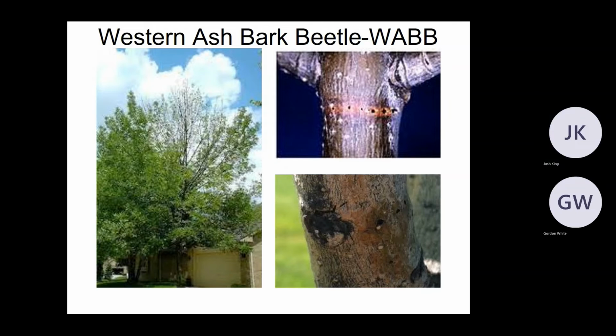And on the timing of the pruning, if you can prune when they're actually feeding in there, similar to the weevil, then we are taking them out of the population. For example, our cemetery is primarily green ash, and we prune there right when the flagging starts and we know the beetles are in there feeding, so that we can get rid of them and run them through the chipper.